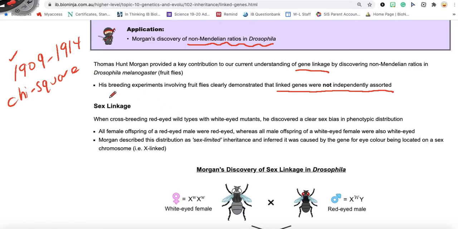So back in the 9th grade and in SL, you looked at one form of gene linkage. You looked at sex linkage, right? And you saw a little bit of Morgan's experiment when you did a crossbreed, let's say between red-eyed wild types with white-eyed mutant flies. And you saw a clear sex bias in the phenotypic distribution.